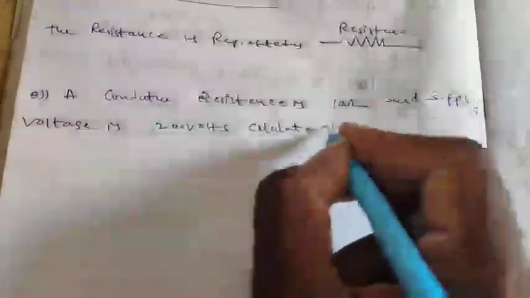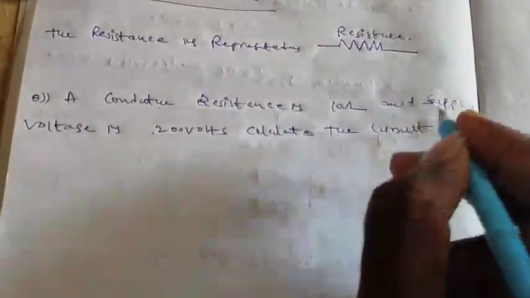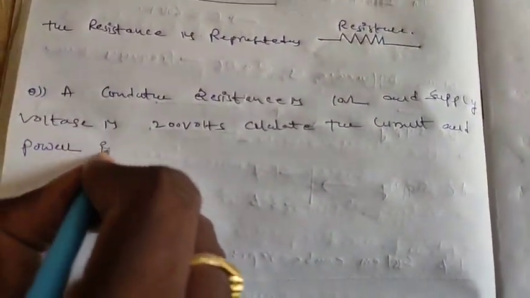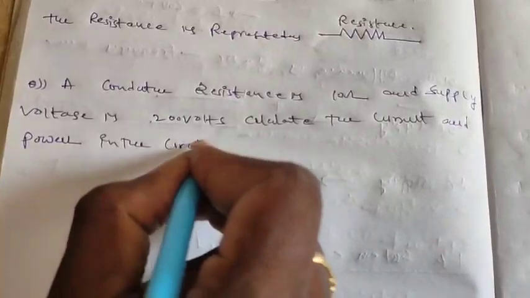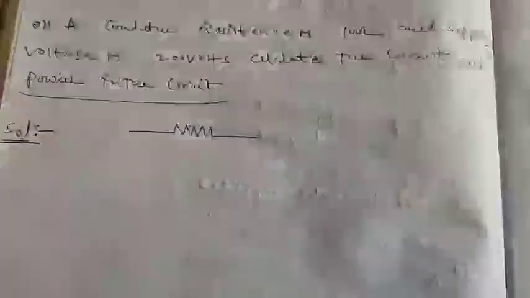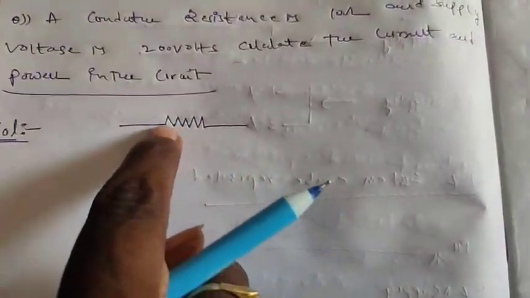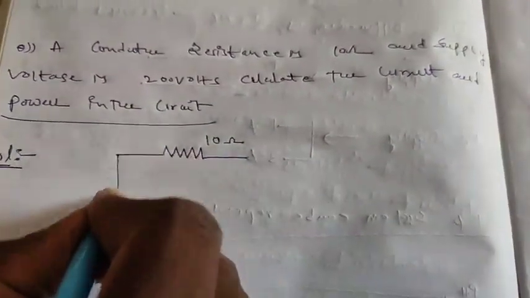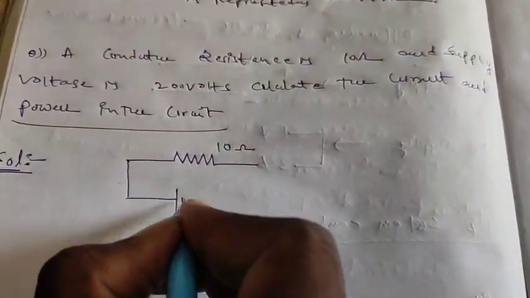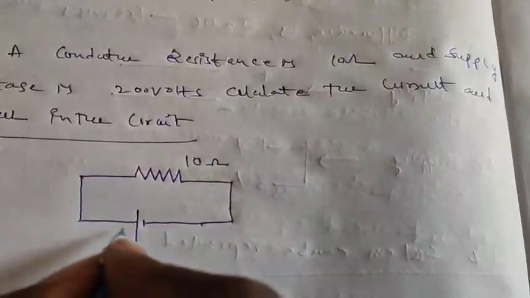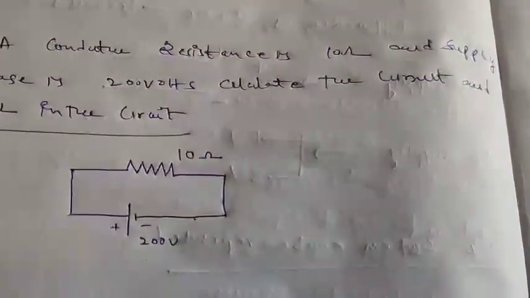Calculate the current and power in the circuit. This is the problem. Solution: the resistance is 10 ohms, and the supply voltage is DC, positive and negative, 200 volts.